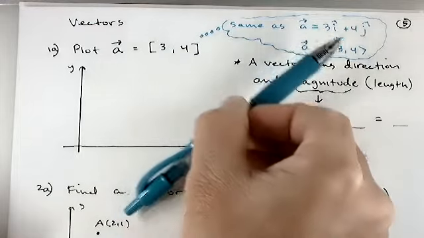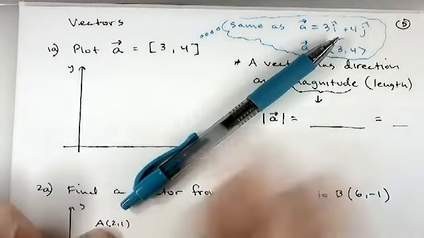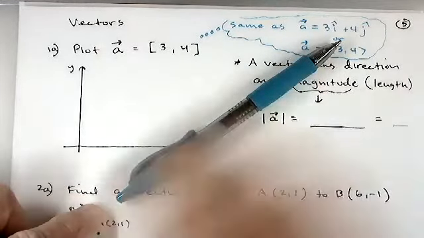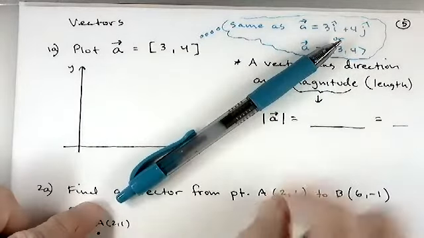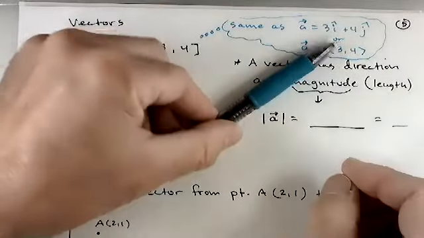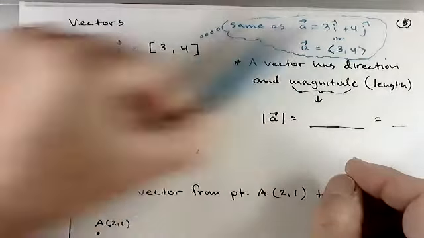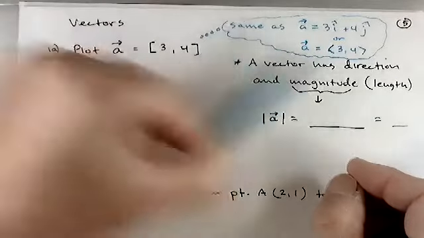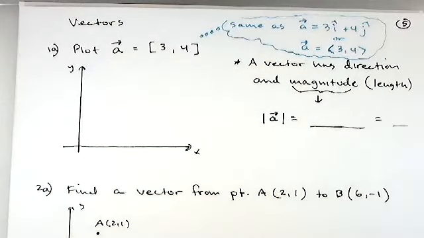If I place my pen at that angle right there, it has a certain length, and if I put some axes in, X and Y, it's pointing in a certain direction, like northeast. If I move my pen around, it still has the same length and the same orientation. So I can plot vectors wherever I want to.